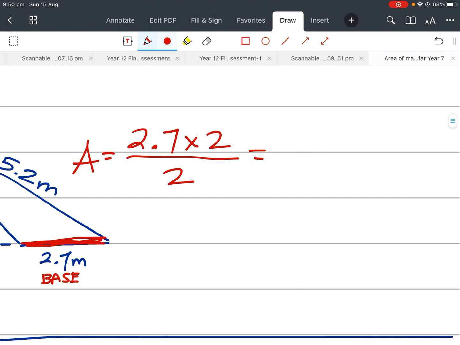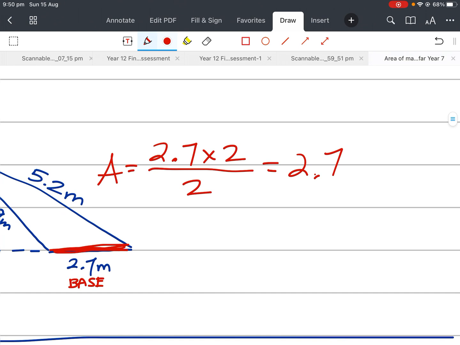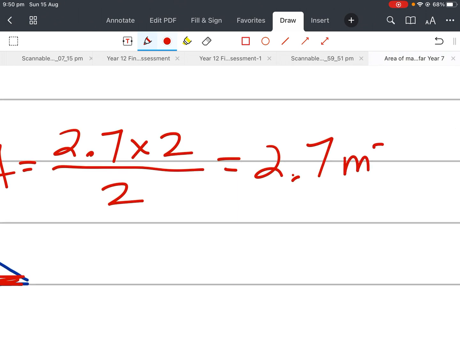There's no problems there. So let's do the top first. 2.7 times 2, and then I'm going to divide that by 2. My calculator is giving me 27 over 10, which is annoying, so I'm going to press S to D or F to D, and that gives me 2.7 as my answer. Now remember, this one's in meters, so I'm going to write units, meters squared.